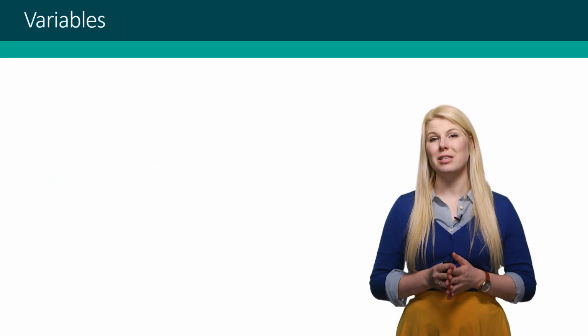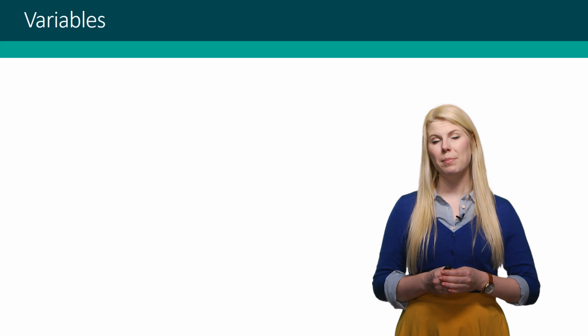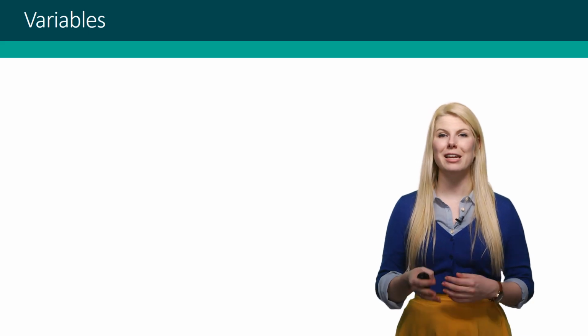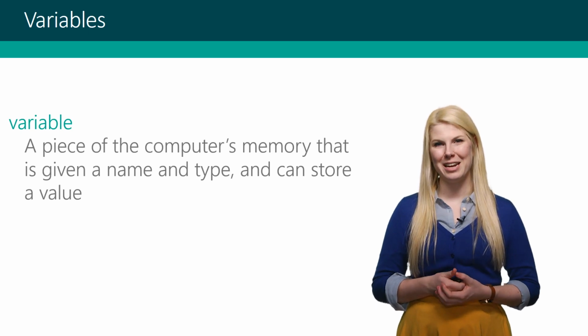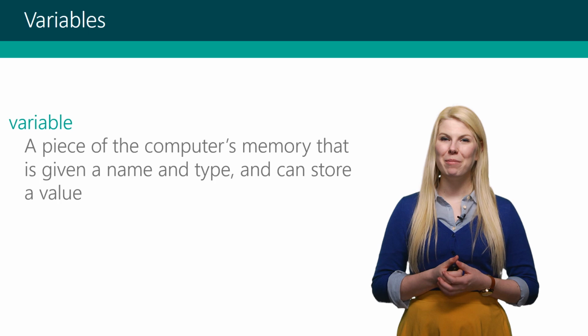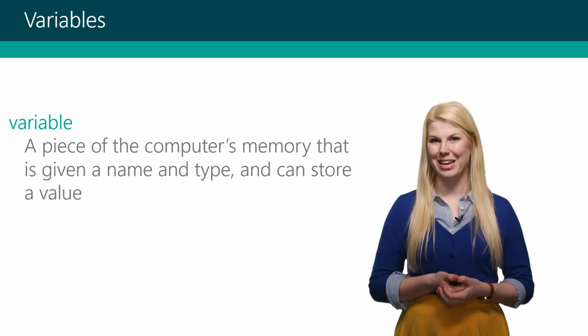The reason you need to know these data types is because at some point you're probably going to want to store a piece of information and then manipulate it later on. This is where something called variables comes in handy. A variable is a named space in memory for a specific type of data.